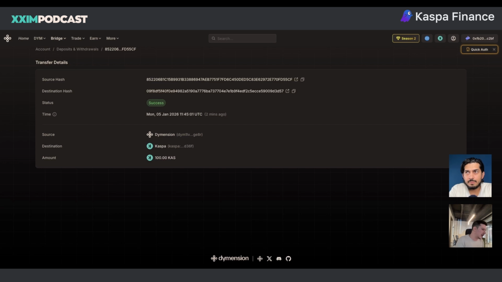So the relayer collects the signatures from the validators, and once it has enough signatures, it broadcasts this transaction to the Kaspa network with the destination address of the user, and it gets relayed. After the withdrawal is accepted by the network, this is what you said about bookkeeping: the protocol on Dymension must update that it went through, and only then can we mark the transaction as complete.